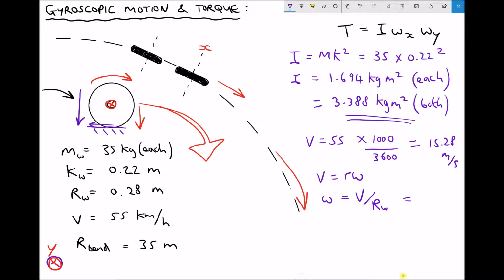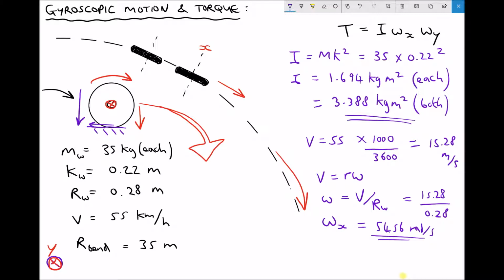So we get our 15.28, we divide by the radius of the wheel, which is 0.28, and we get an angular velocity in our x direction, as we specified it, equal to 54.56 rads per second.